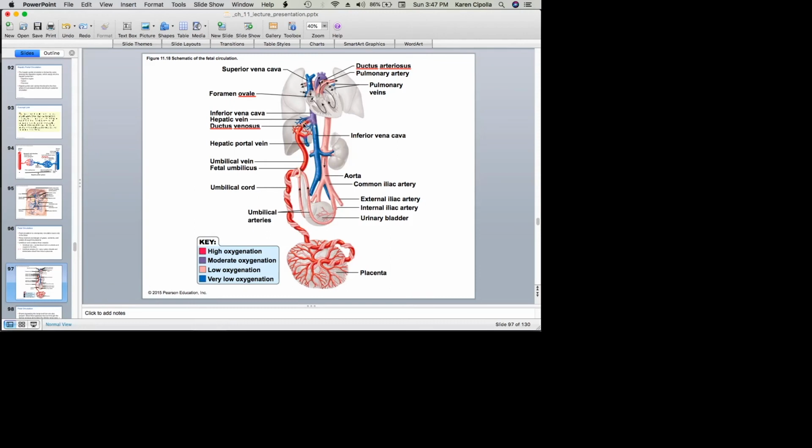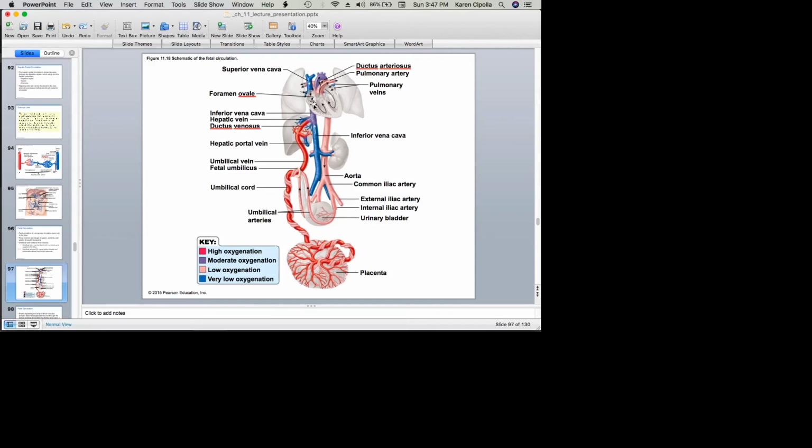So up here, you have your umbilical vein, and you've got your hepatic portal vein, which is bypassed, and your umbilical vein comes right into the inferior vena cava to then go up into the heart.